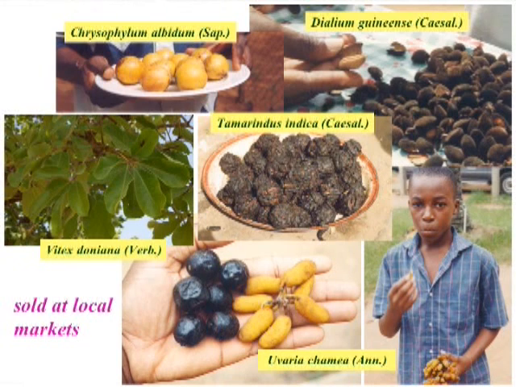You have a little boy there eating Uvaria chamae, from the Annonaceae family. It's really good, it's sweet, it's rich in vitamin C. Boys as well as adults are really happy eating it.